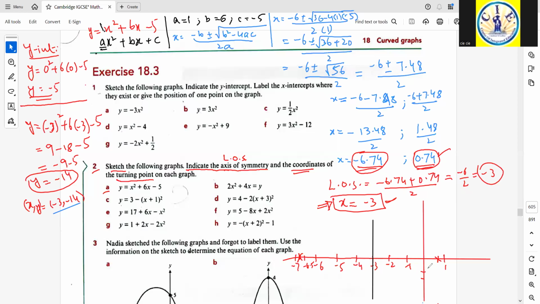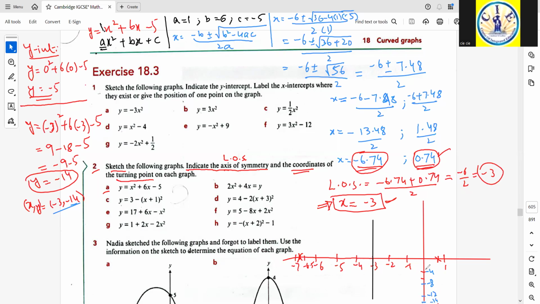Let it be such that I need to have -14 accommodated. So it can be -2, -4, or even I can have a gap of 4. So -4, then -8, then -12, and it would be -14 here.